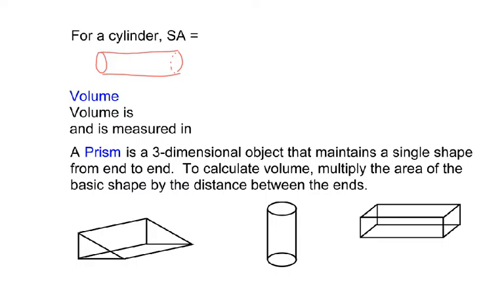In essence, if you think about it, this portion here will represent the height of the cylinder, always. This portion here will represent the radius of the circle.